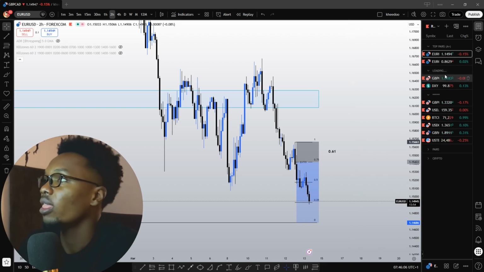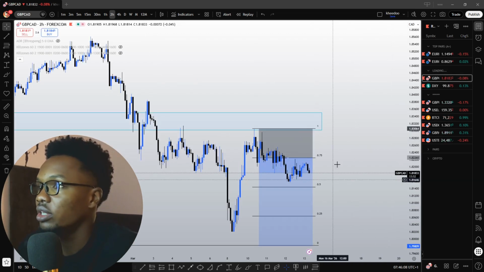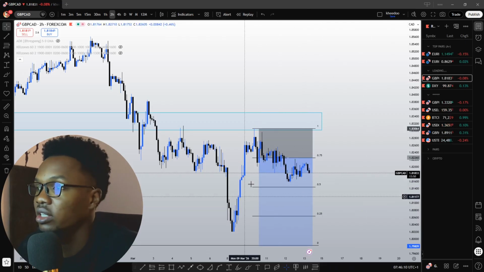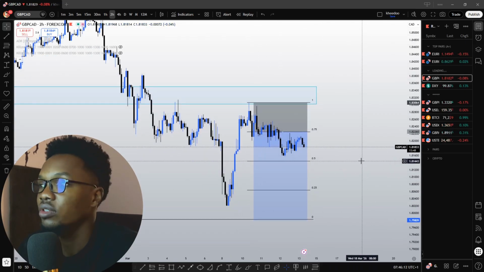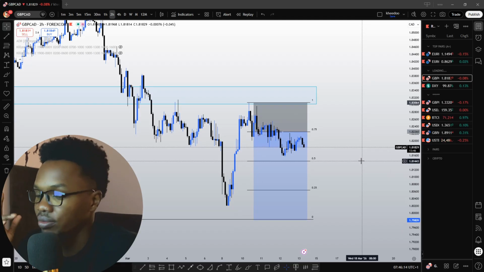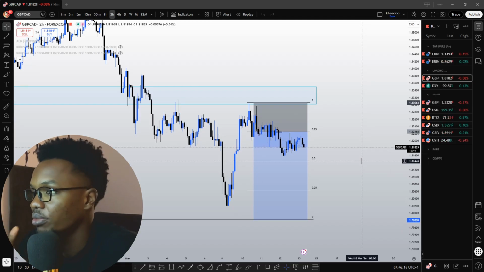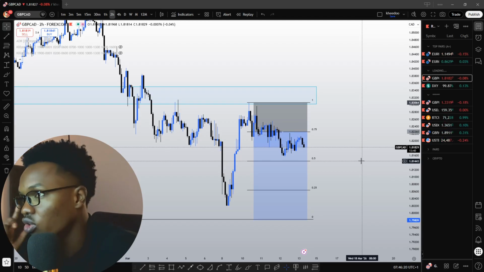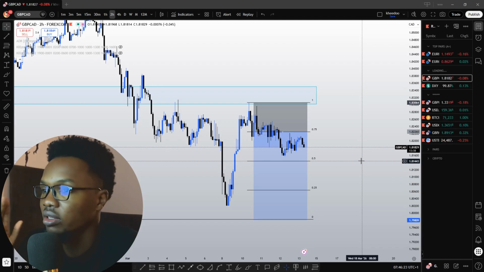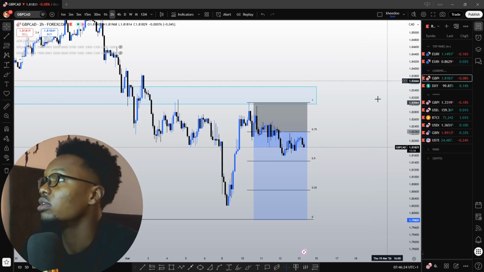So that's when we see more volatility kick in. Apart from the pound news coming up by 8, once the CAD news also comes out, there's added volatility for this pair.